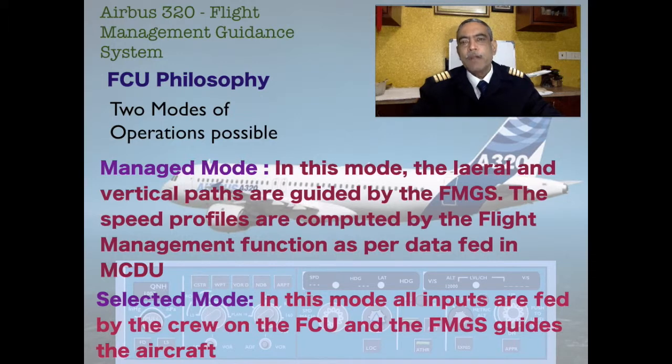There may be a small track deviation which is required, or the ATC, air traffic control, has asked the pilot to change his track heading to comply with air traffic regulations. Therefore, there is a selected mode which is possible. He will take over the selected mode and make the necessary changes, and then once the requirement is fulfilled, he will come back to the managed mode. So these are the two possibilities: one is the managed mode and the other is the selected mode.